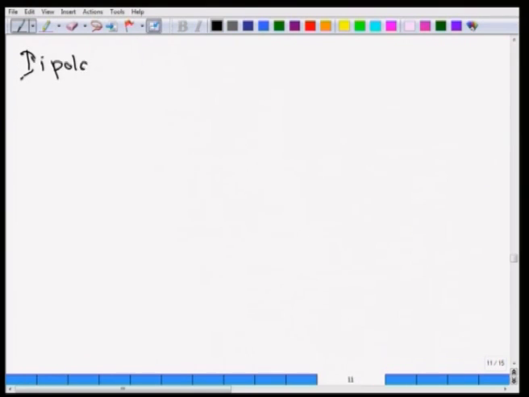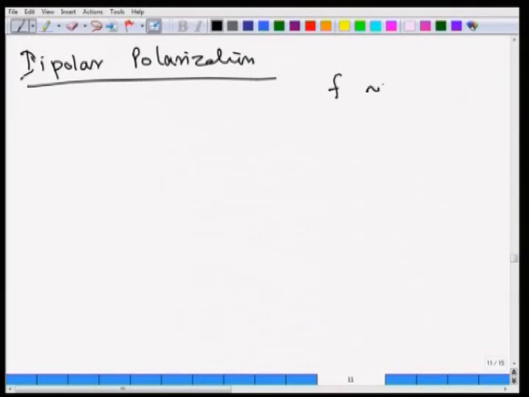dipolar polarization, and I am talking about this more because in the next lecture, the 20th lecture, we will talk about non-linear dielectrics, and this mechanism plays a major role there. Just to say, the frequency of operation is up to about 10 to the power 10 hertz.